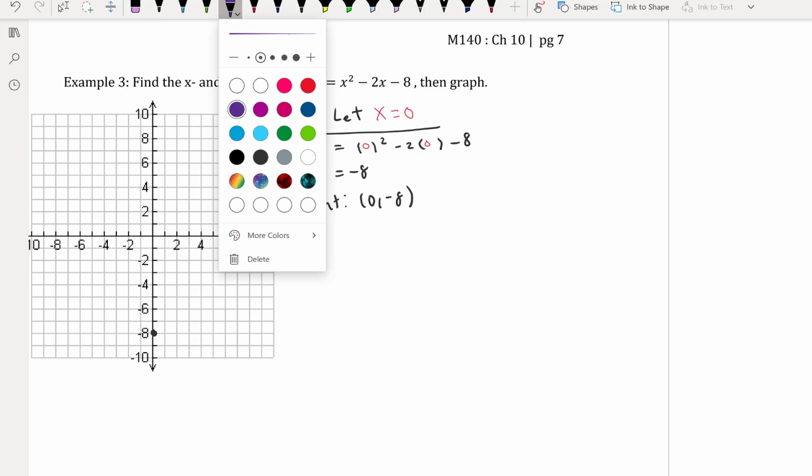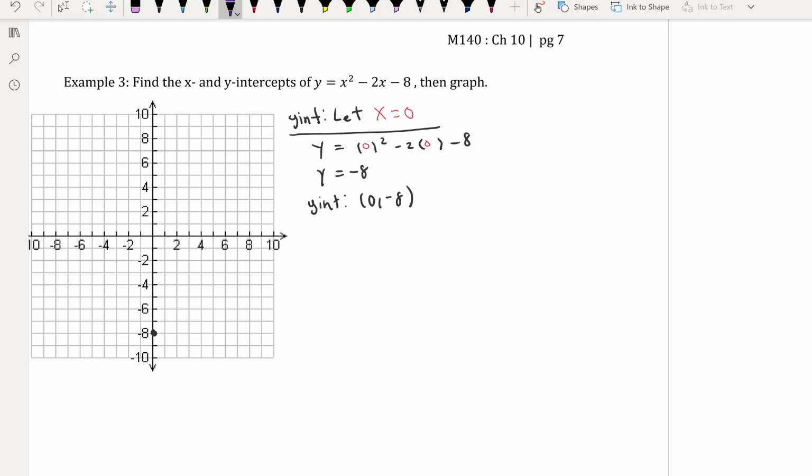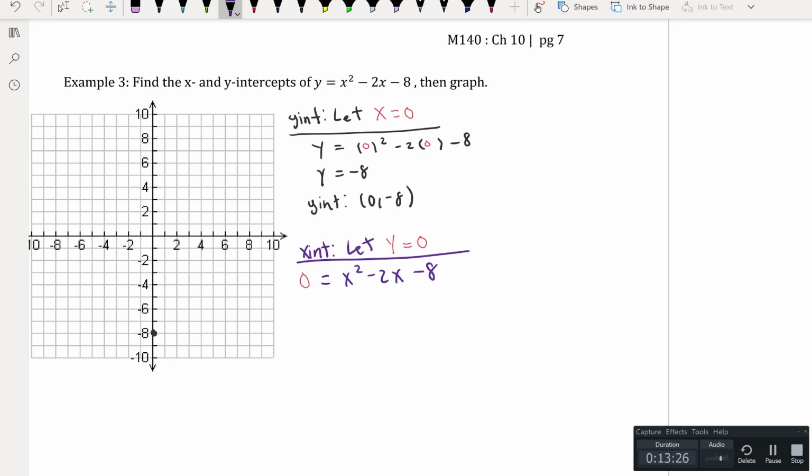Now to find my x-intercept, that's going to be a bit more tricky, but still doable. The x-intercept is when you let your y equal 0. So I'm going to have 0 equal to x squared minus 2x minus 8.